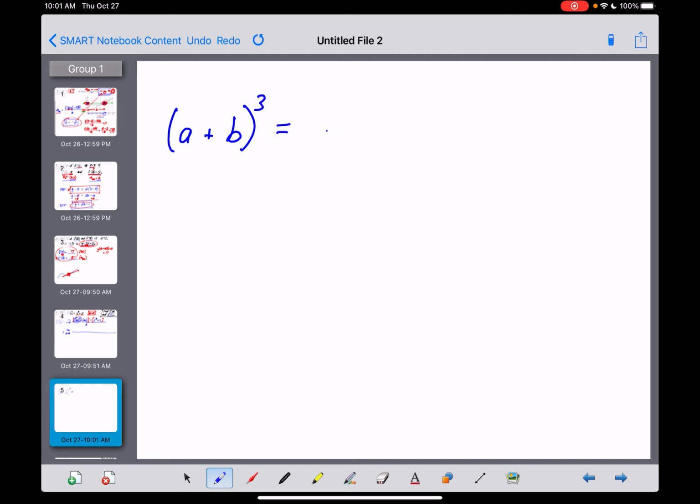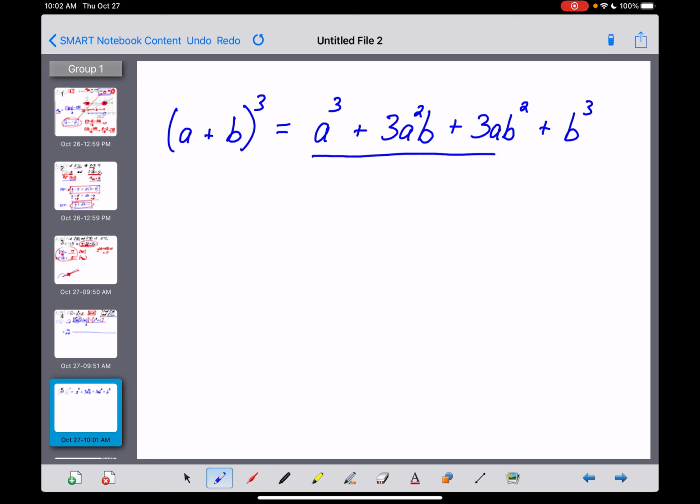Cubing a binomial, everybody, is going to get you your first term cubed plus 3 times your first term squared times your second term, which in this case is b, just to the first power, plus another 3. Now it's going to be your first term to the first power and your second term to the second power. And lastly, just the last term, b, raised to the third power.